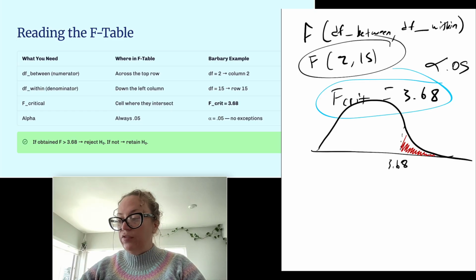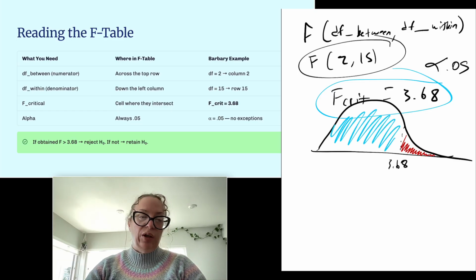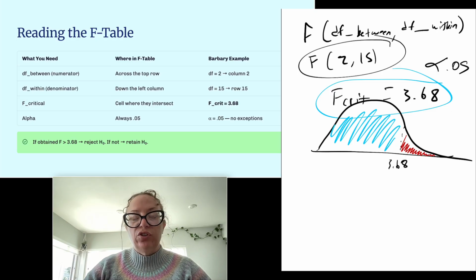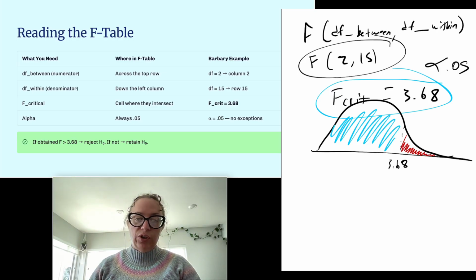If it's not, if it's in the retention region, then we retain the null hypothesis, okay? It's very simple. So remember the picture of the F distribution. Your critical value of 3.68 is that vertical line you drew towards the right tail. Everything to the right of that line is the rejection region where we'd conclude that the groups are different.